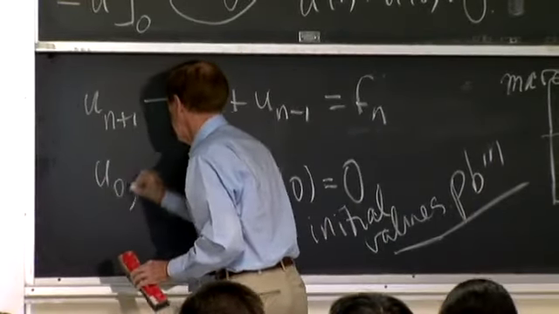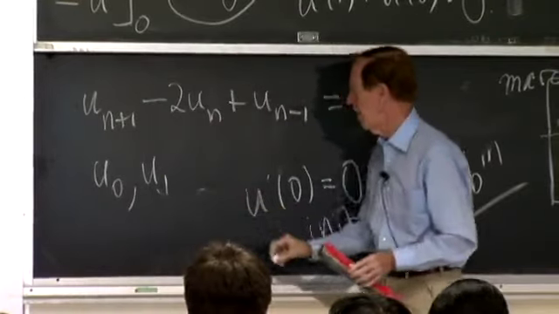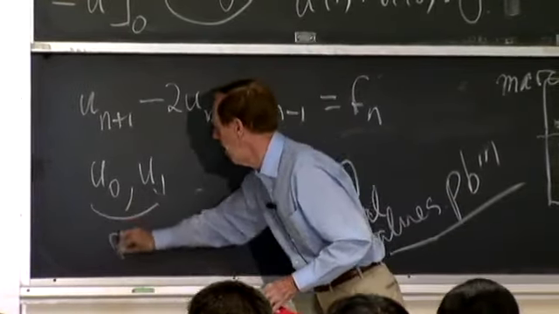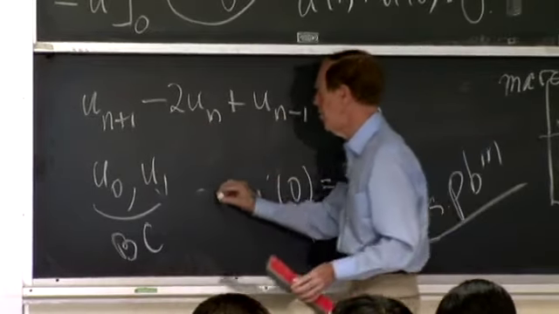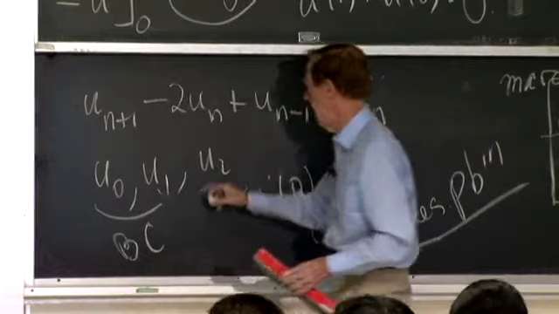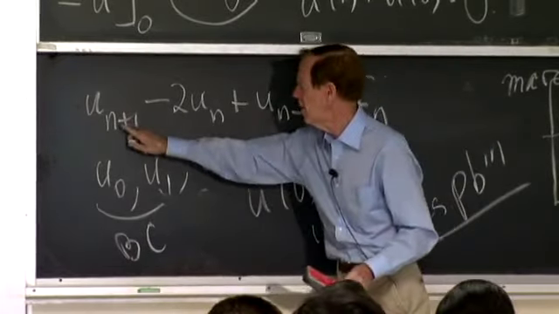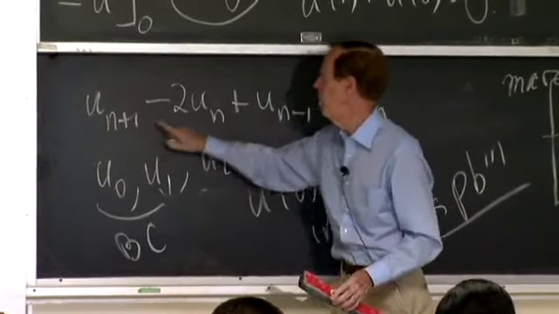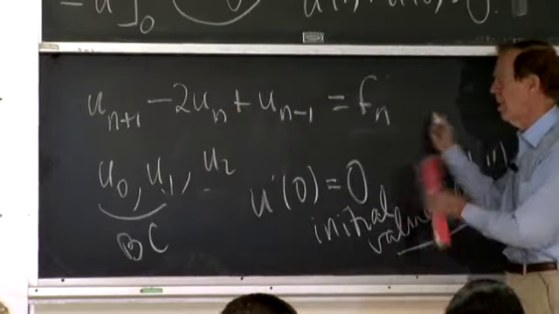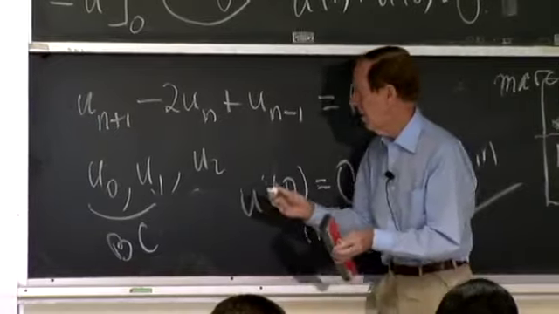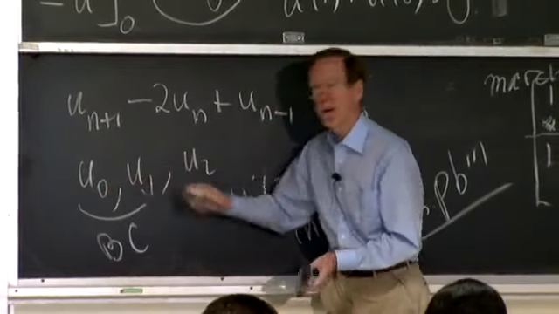I can start with u0 and u1. They come from the boundary conditions. Then this equation will tell me u2. I use the equation with n is 1. This says u2, some u1s, some u0s, f1s, all that I know. In other words, once I get started, I'm on a roll.